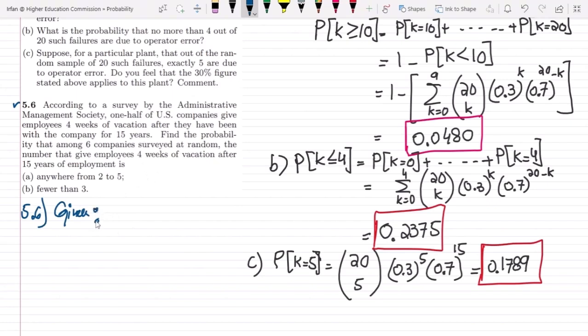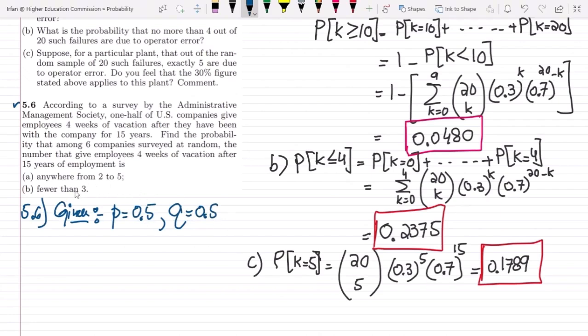The probability that a company gives its employees the vacation is 1/2, so it would be 0.5. The probability that a random company in the US will give the vacation to employees who are with them for 15 years is 0.5, and for companies which do not give the vacation it is 1 minus 0.5, so it would be 0.5 here as well.